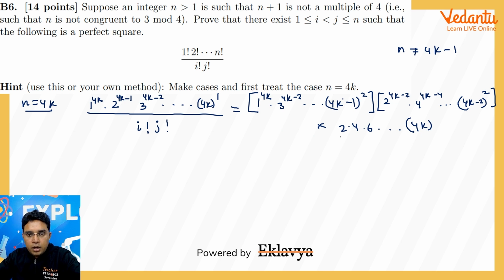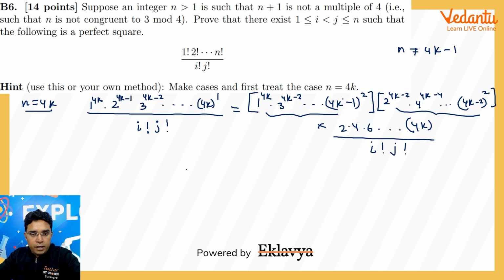Why I have done so? Because already these two brackets, this bracket and this bracket is a perfect square, and we need to prove that for some i, j this can also be made perfect square. So let us write these two product as m square, and then it will be 2 power 2k common because all the even terms are there, and then it will be 2k factorial upon i factorial j factorial. 2 power 2k is again a perfect square number.